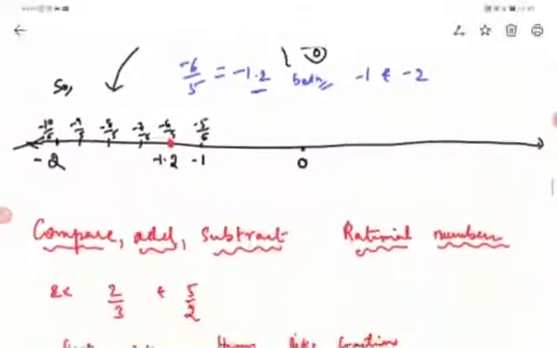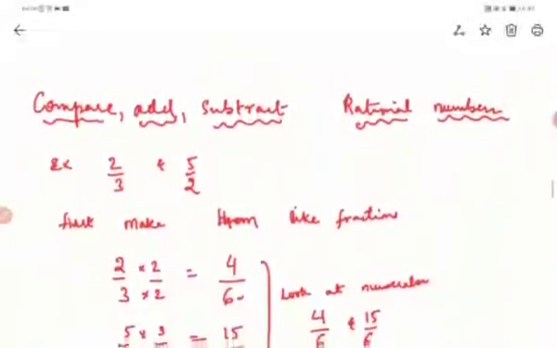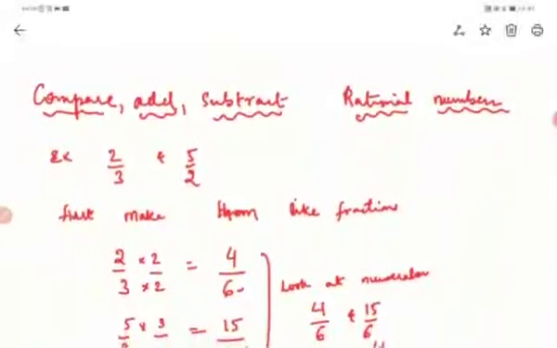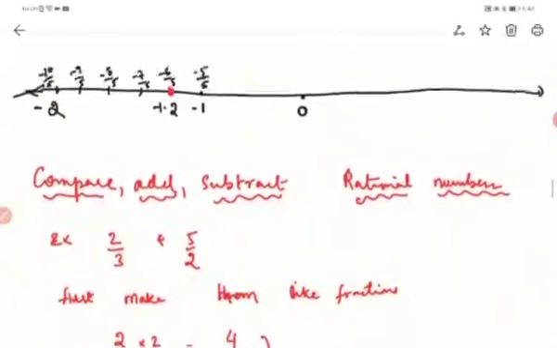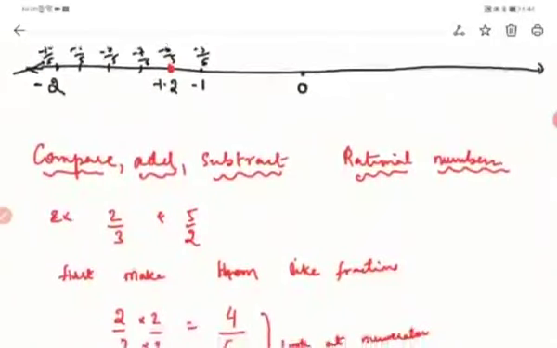Okay, right. Now they will ask you different operations on rational numbers: comparing, adding, subtracting. Okay, how are you going to do that? It's the same as how we did in the fractions part. You will have to convert the unlike rational numbers to like rational numbers.